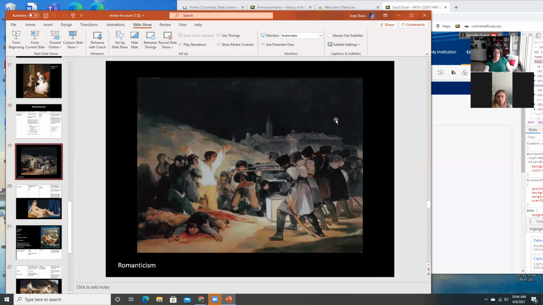All right, so in Romanticism, we see paintings like these. This is Goya's The 3rd of May, maybe the 5th of May. In Goya's painting, we see lots of Romanticism. When you think of Romanticism, think of exactly the word romanticized. It's presented to you in a way that's very controlled.